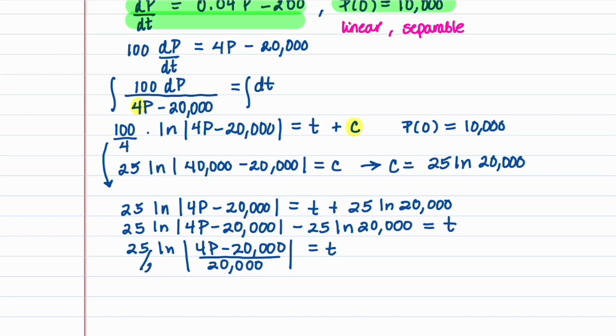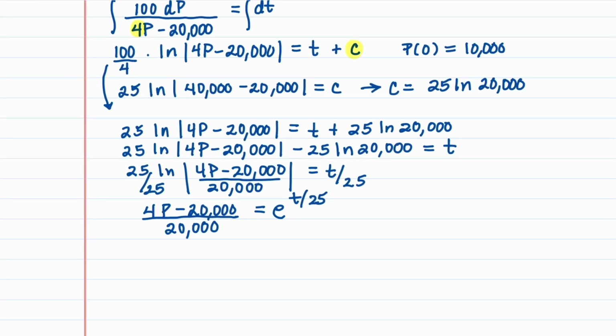Let's go ahead and divide by 25. And then we can exponentiate each side, and that gives us 4P minus 20,000, all divided by 20,000, is equal to e to the t over 25.